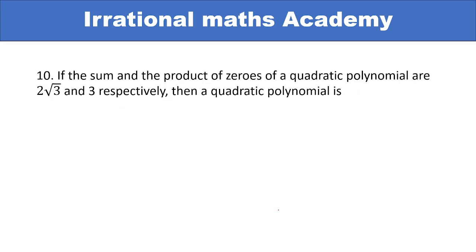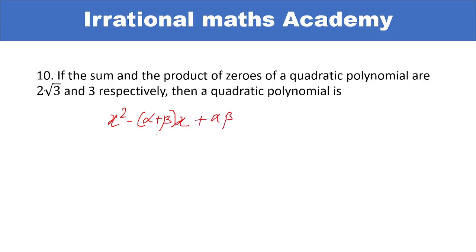Okay. Next. If the sum and the product of the quadratic polynomial are 2 root 3 and 3 respectively, then the quadratic polynomial is. Whenever they ask us to find the quadratic polynomial, remember this formula: x square minus alpha plus beta into x plus alpha beta.